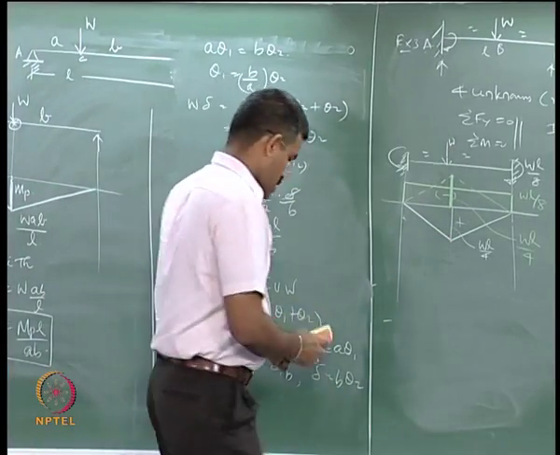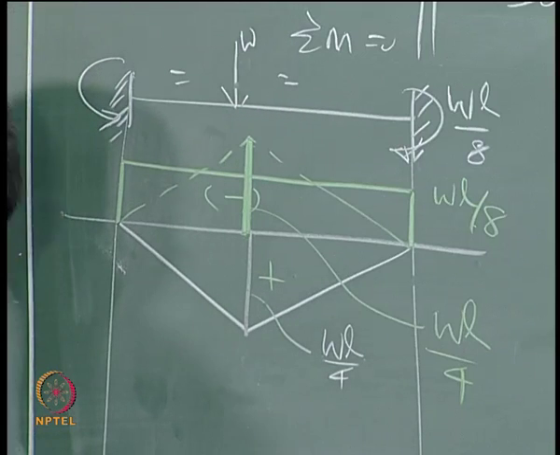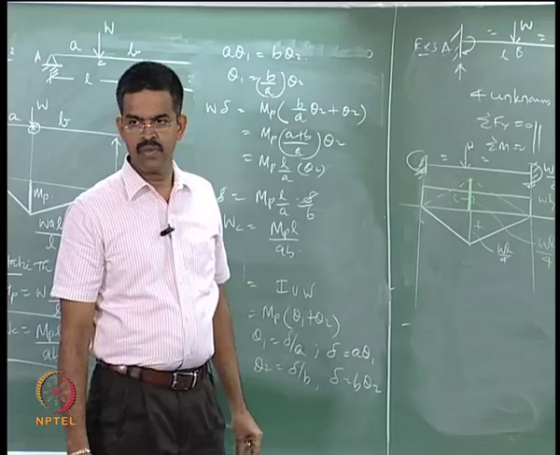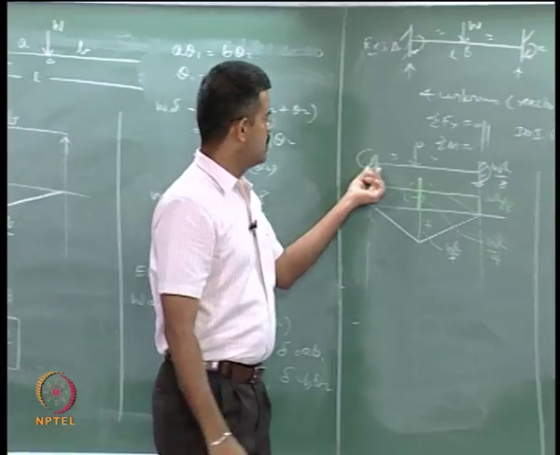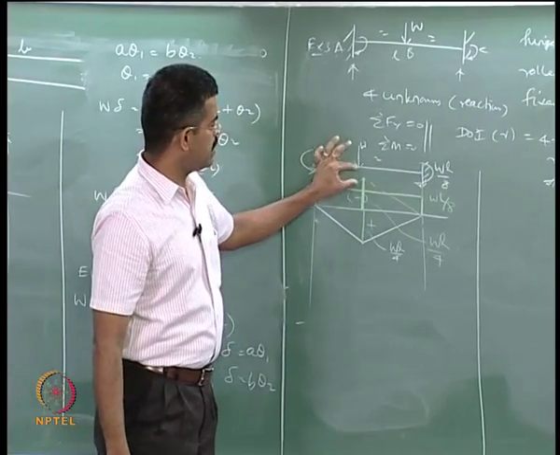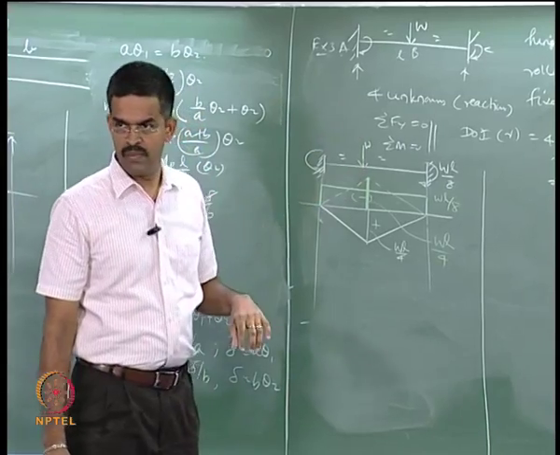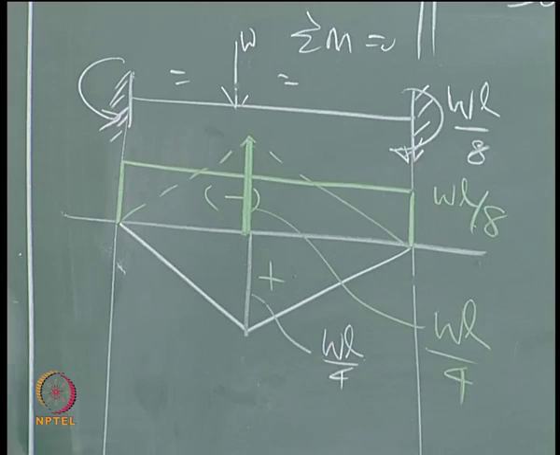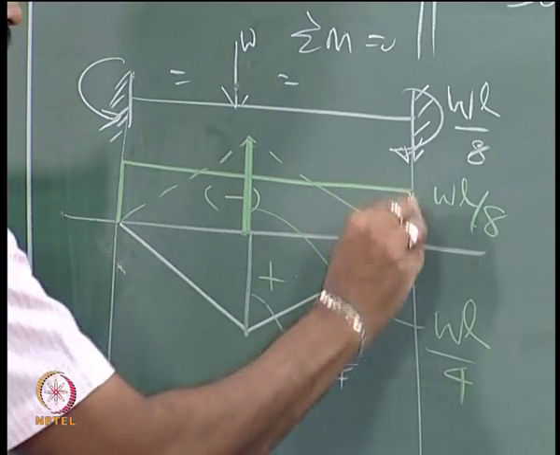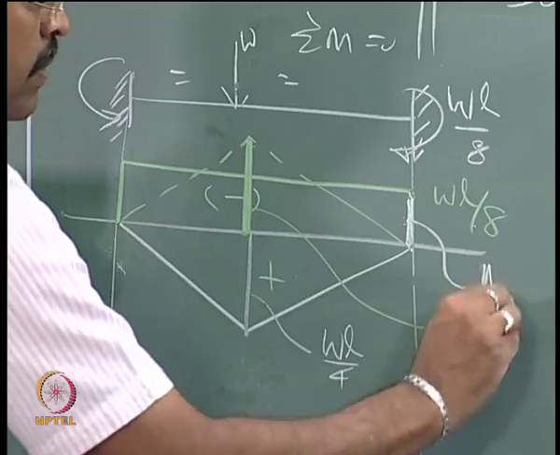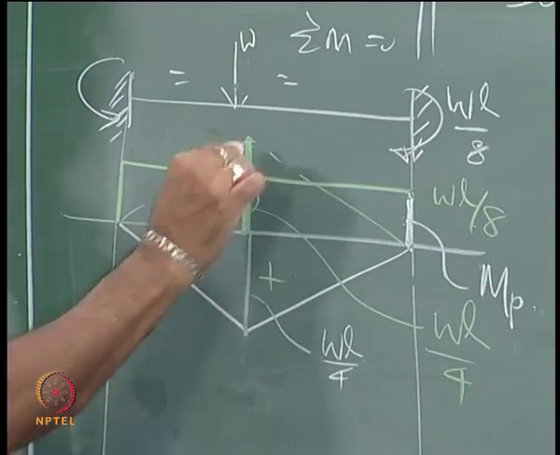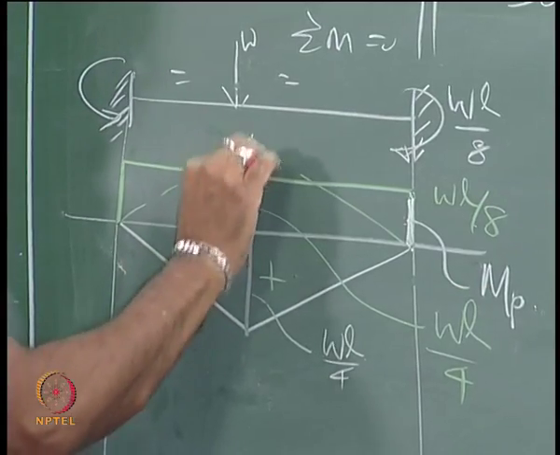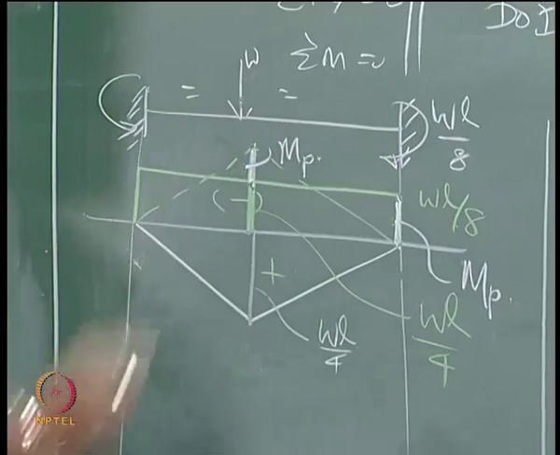So, the plastic hinges which you are interested in, one will form at the support, one will form at the section, is it not? So, this will also be MP and this will also be MP, the net moment.